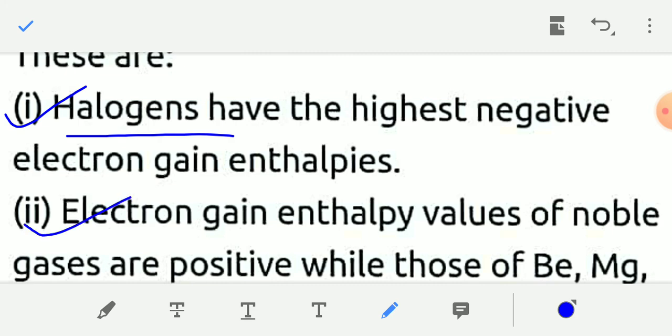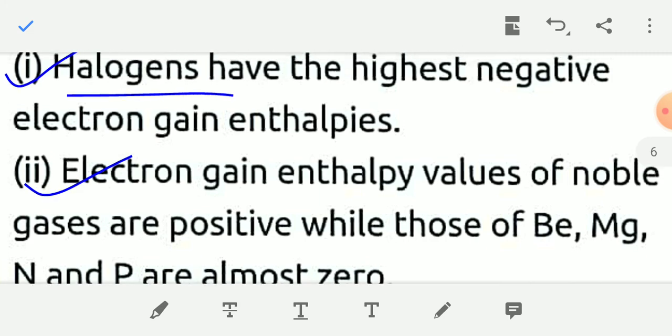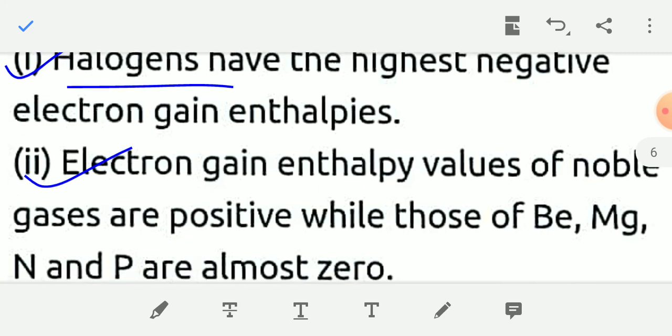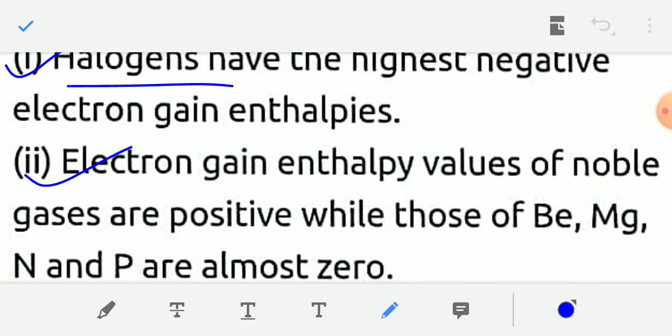The electron gain enthalpy values of noble gases are positive, while those for alkaline earth metals are almost zero.